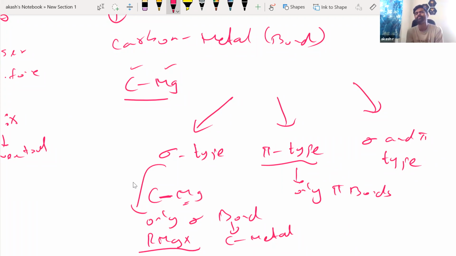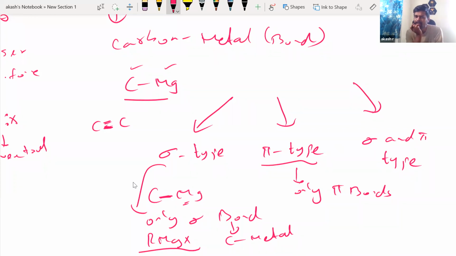Now, we actually have a controversy here. A pi bond will always be formed only after the formation of a sigma bond, is it not? For example, when I say a C=C double bond is there, the first bond is always a sigma bond, then only we go for a pi bond formation.